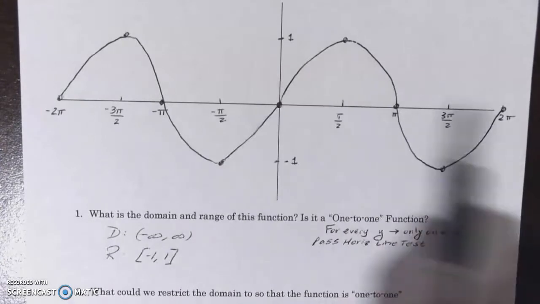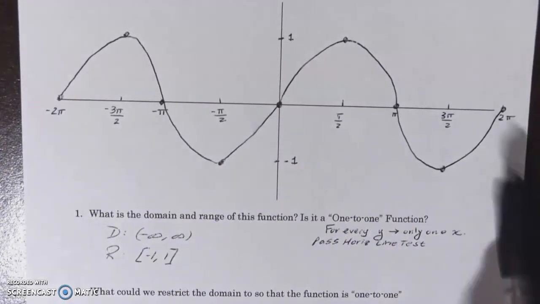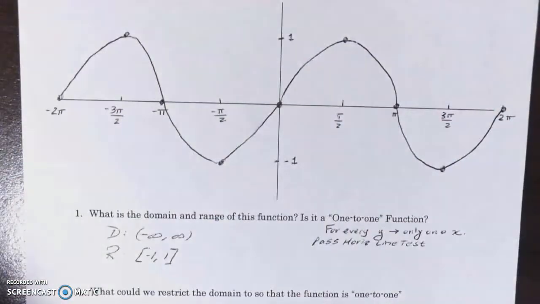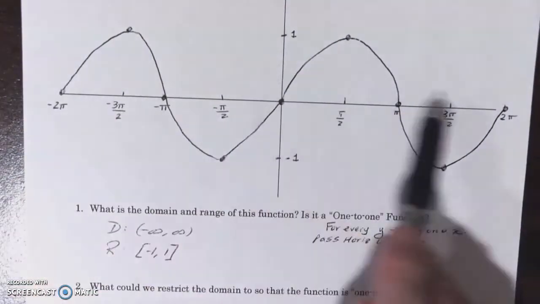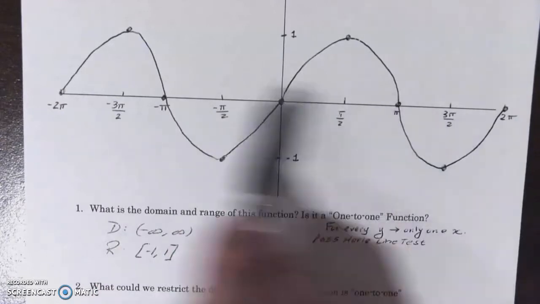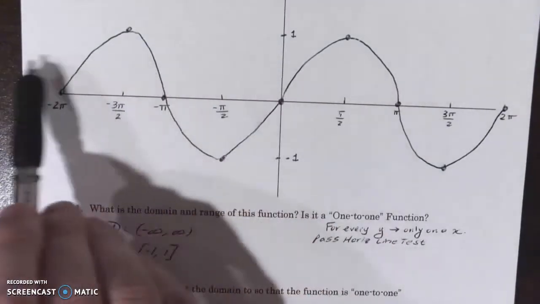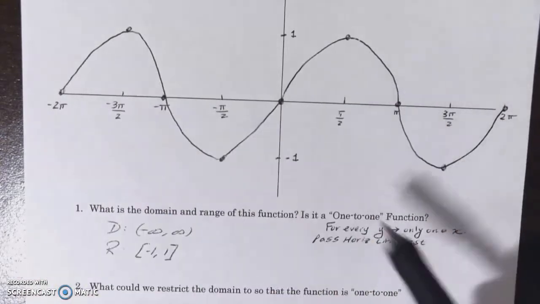Is this a 1-to-1 function? Absolutely not. First of all, it is a function. It would pass the vertical line test as infinitely as we want to go, but it certainly would not pass the horizontal line test. There are a bunch of x's at the y values that I'm kind of mirroring right here. Okay, so no, it doesn't.